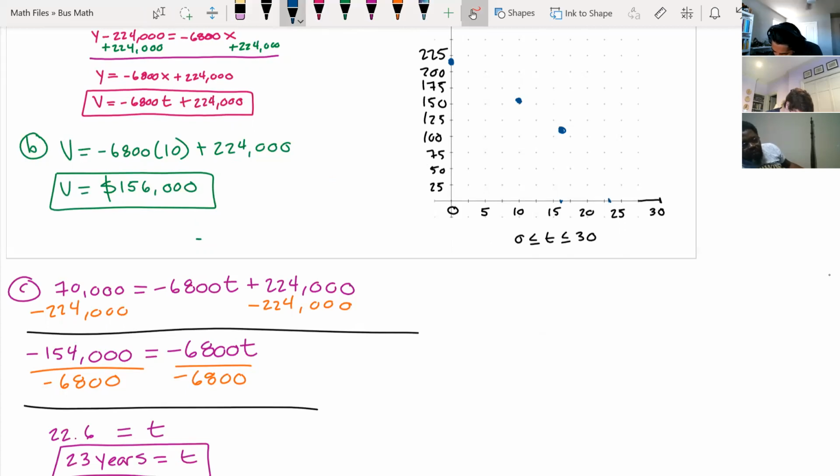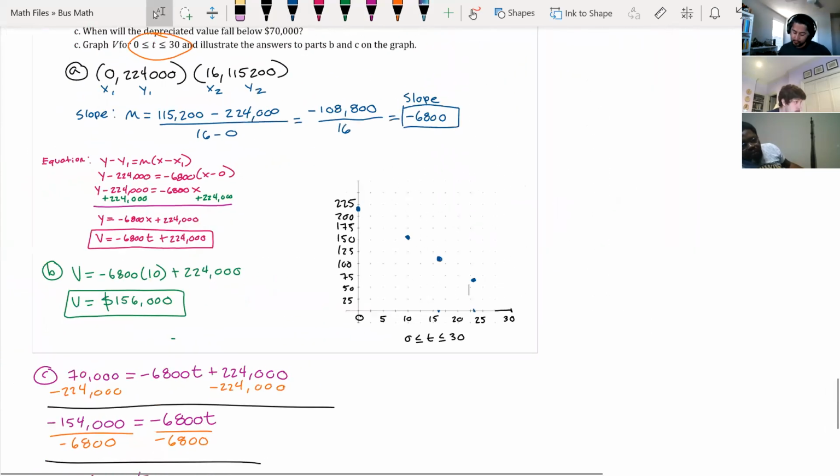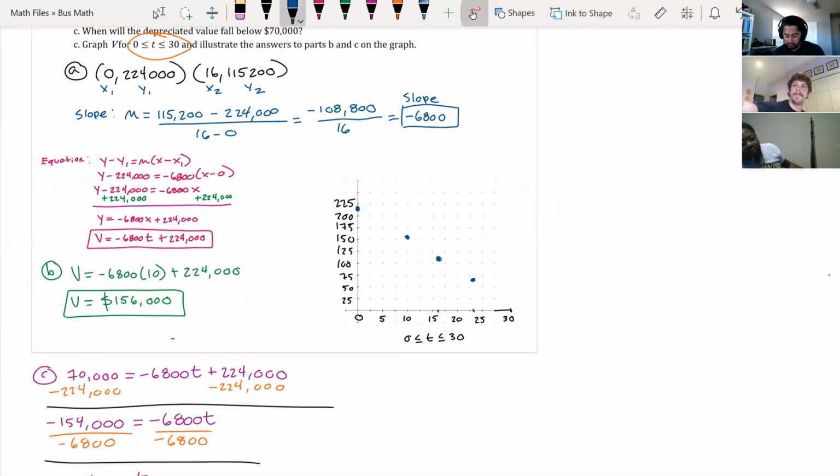I'll put 23 around here, and $70,000 right below 75. Okay. That's enough points. So go ahead and connect them and just try to get it as straight as possible, and bam. There we go.